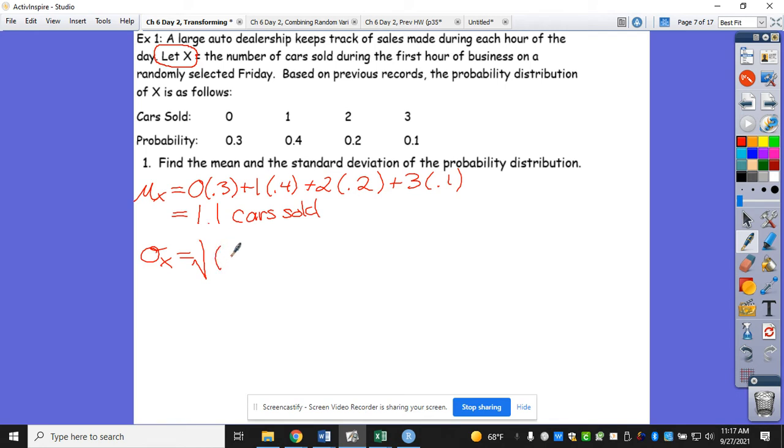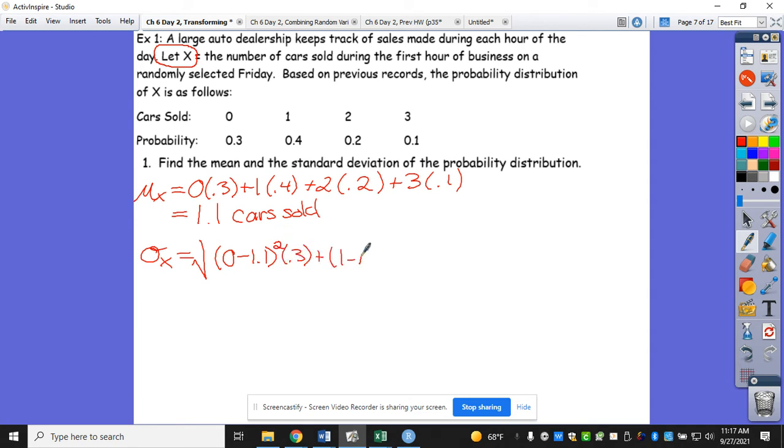So this one will be written out as, what's my first number? What do I do with that? Minus 1.1 times 0.3 squared. And then do that for each one.